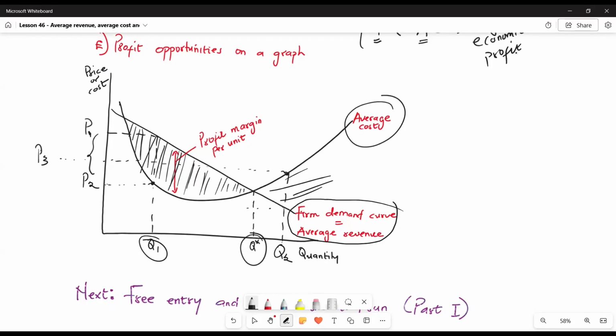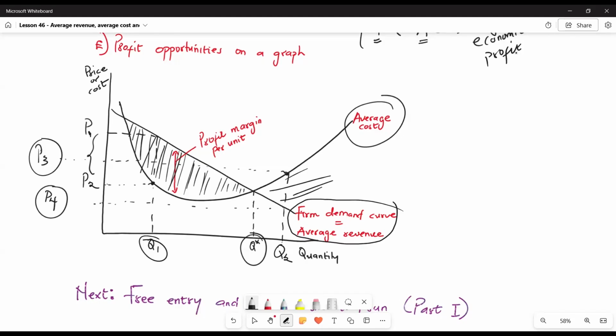But if we map our demand curve, then we can see that the price that the firm is getting for that unit is P4. Therefore, since the cost is bigger than the price per unit, the firm is making negative economic profit. So what we have shown here graphically is that for any given quantity, your profit margin per unit is the gap between your firm's demand curve and its average cost curve, which is the shaded area.